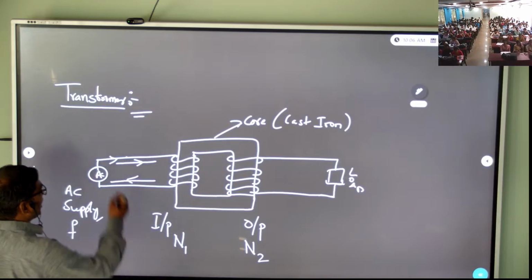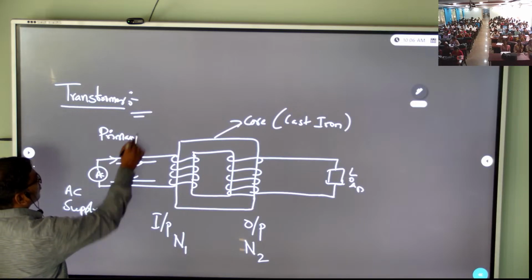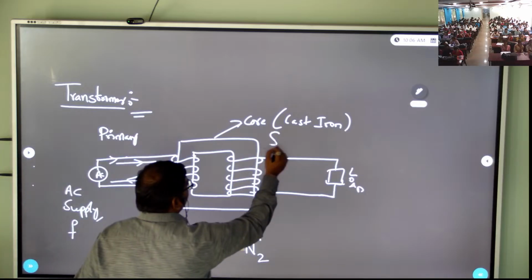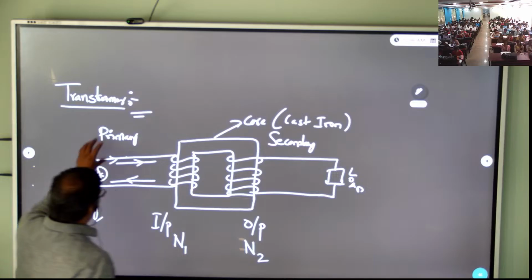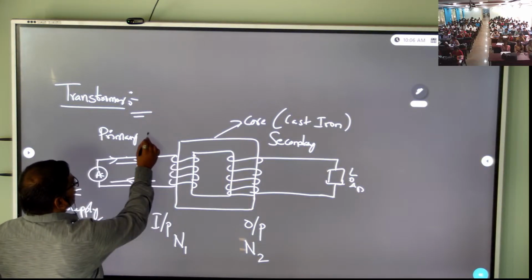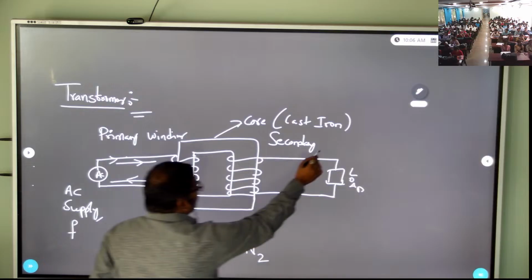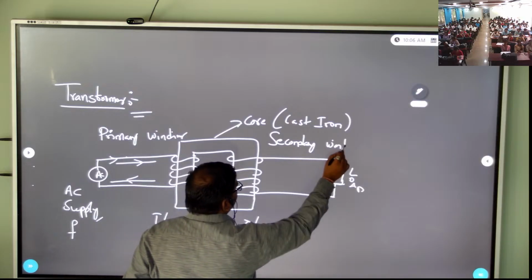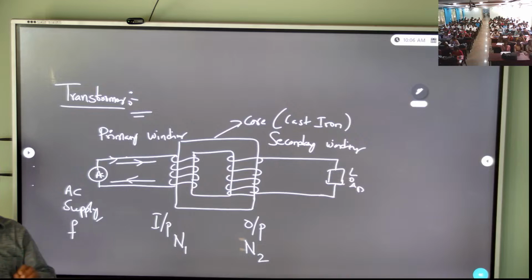This is the primary winding. This is the secondary winding. So what is the definition of primary winding? How are you saying it is primary? Primary is nothing but input.